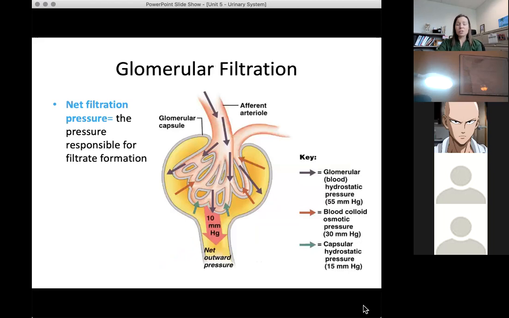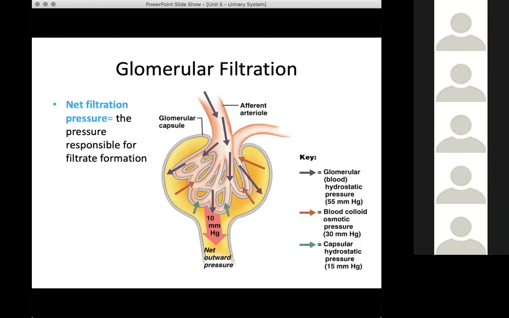Okay, so let's talk about the forces that are causing filtration to happen. Net filtration pressure is basically the pressure that's responsible for filtrate formation. It involves two main forces: outward pressure, which pushes across the filtration membrane and promotes the formation of filtrate, and inward pressures, which push in the opposite direction and would prevent the formation of filtrate.